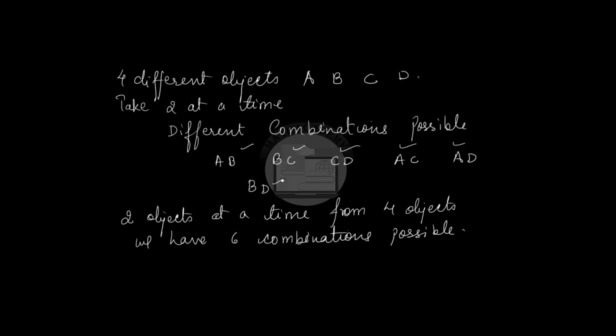But here the number of total objects was small. There were 4 objects here, and in the previous example there were 3 players. But if there are 50 objects and we have to take 3 at a time, there will be several such combinations possible. So we need a formula to determine how many such combinations there are, and that formula is called the combination formula.